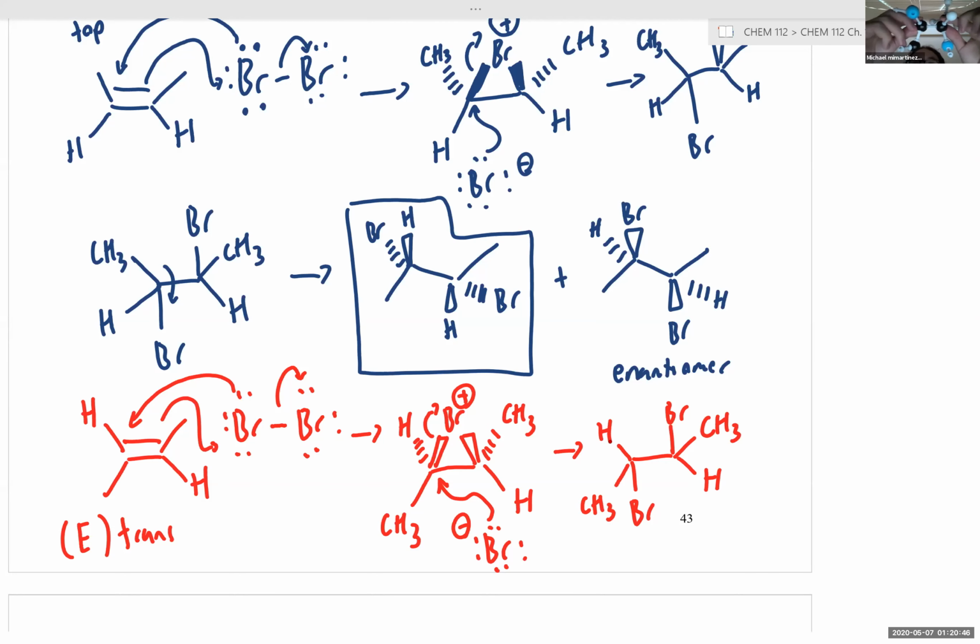And we're just going to configure it in the typical dash wedge notation. And now that all of our methyl groups are flat in the plane of the page, my question to all of you is, starting with this bromine on the left, is it pointing towards you or away from you?